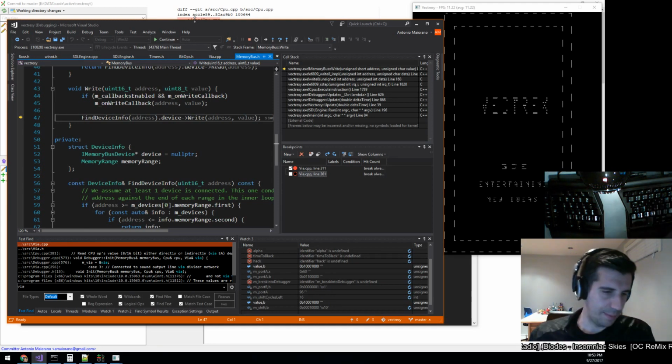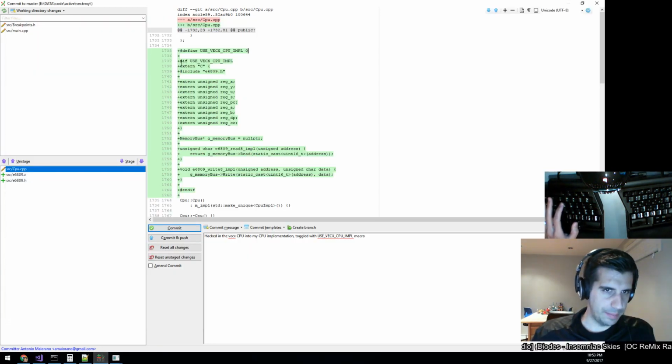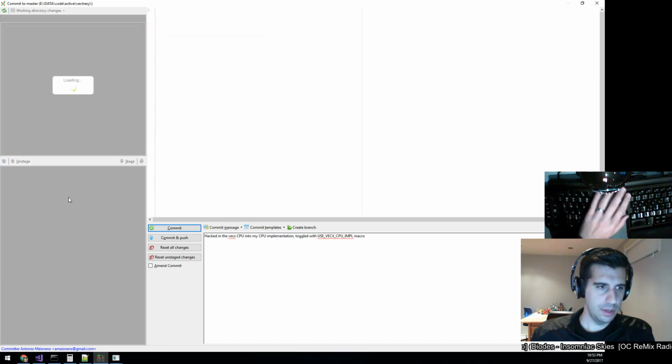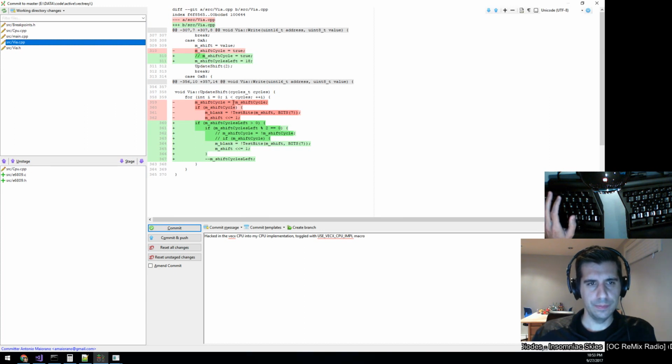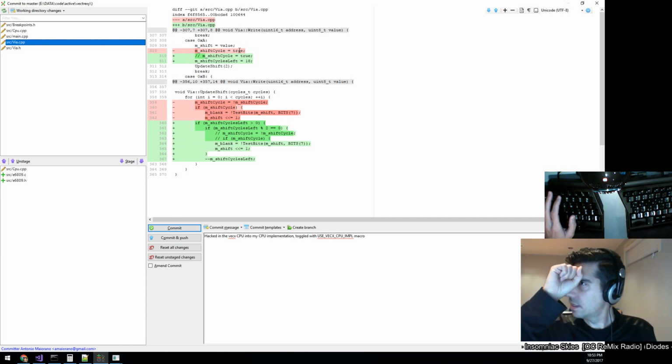I think I know what's happening. I just don't understand why it wasn't happening before. Oh, right. Because we wanted to shift out on the second cycle, not on the first.